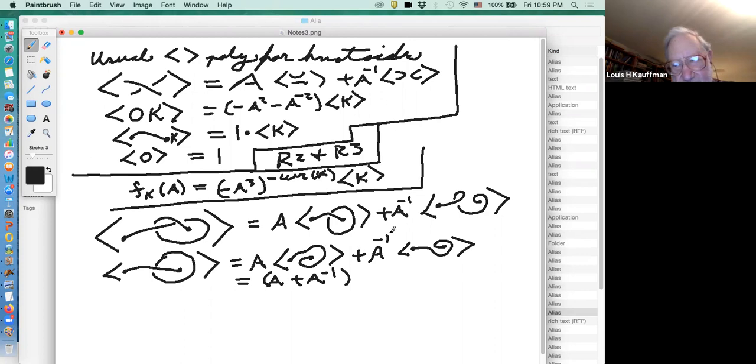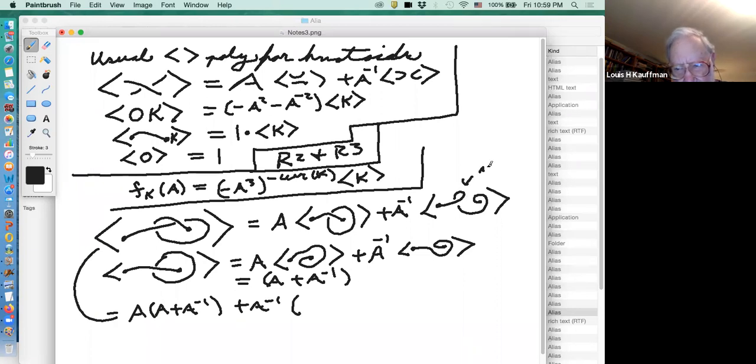And then I get that this guy here is going to be equal to A times (A plus A inverse) plus A inverse multiplied by, that's a negative curl. Have you gotten to the point of being able to recognize a negative curl when you see one? You just in your mind's eye orient it and check that this is a negative crossing.